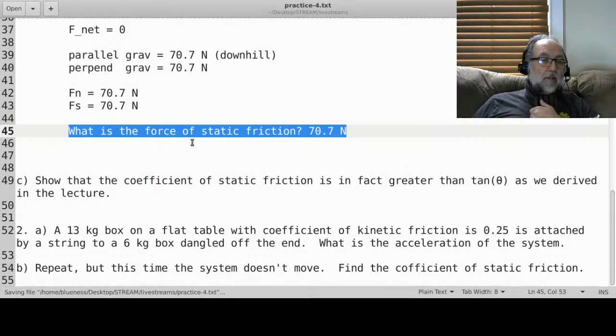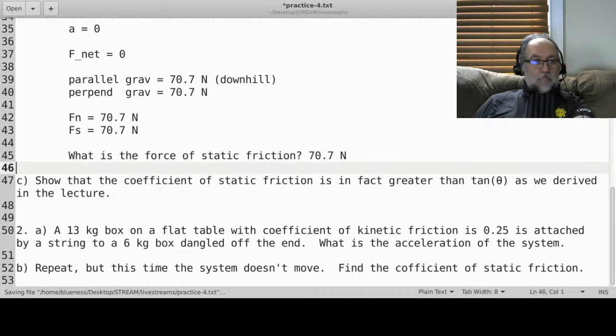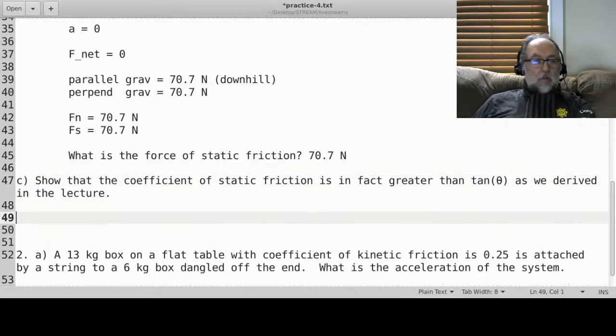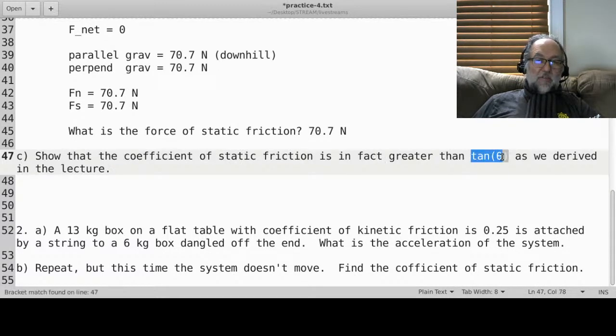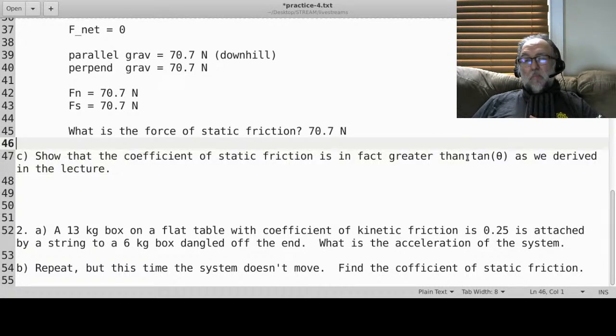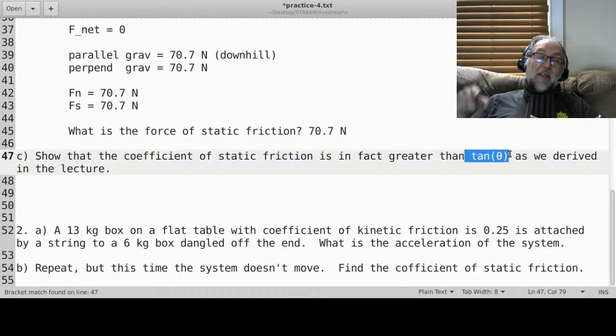Okay, now the next question was, show that the coefficient of static friction is in fact greater than tangent of theta. Okay, now why? In the pre-recorded lectures, I actually proved that for an inclined plane, if there's static friction, the coefficient of static friction has to be bigger than the tangent of theta. And in fact, you're going to demonstrate that experimentally in one of your labs.